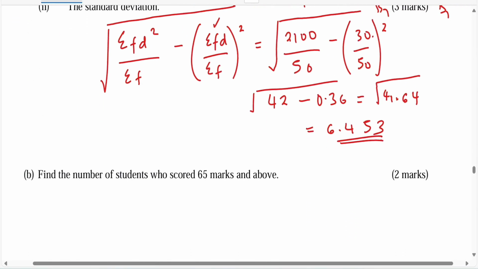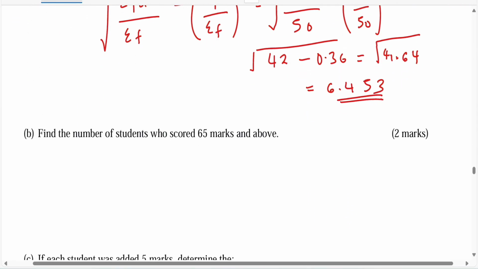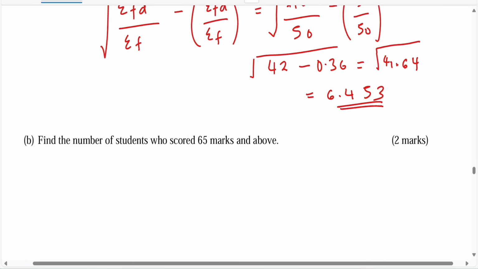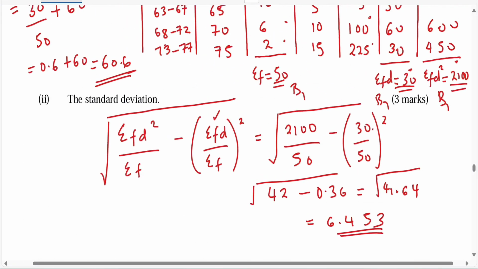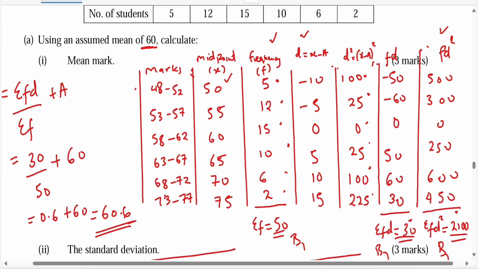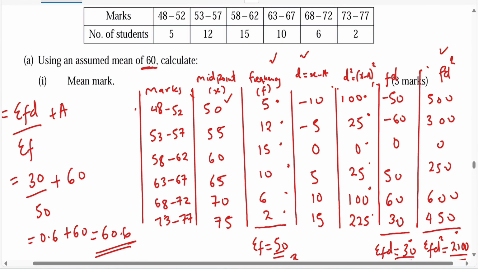So let's continue. Question B: you are asked to find the number of students who scored 65 marks and above. Looking at it, we must know where the 65 threshold is. 65 is in the class of 63 to 67. So basically we must know our lowest boundary, which is 62.5.